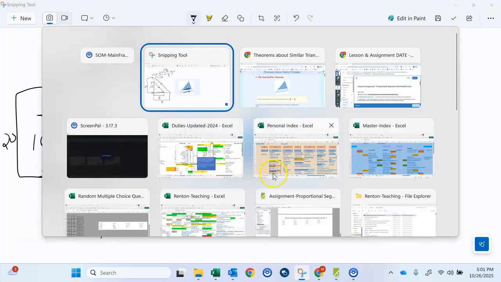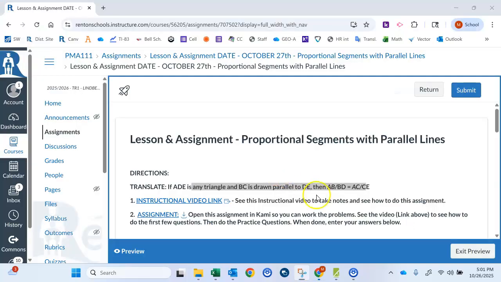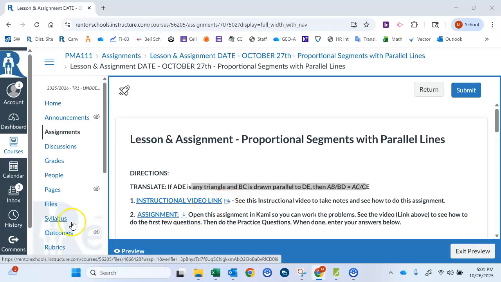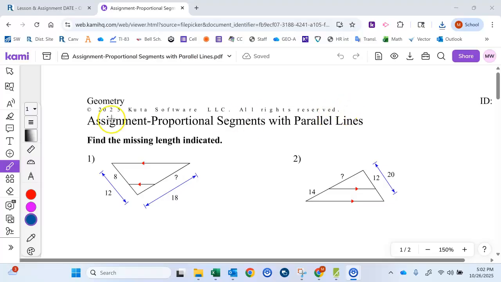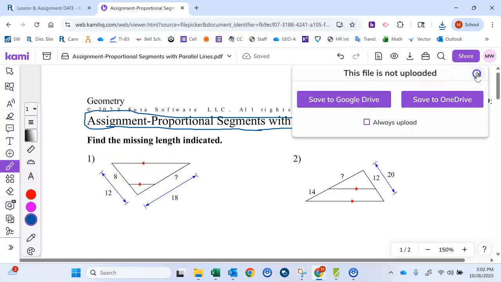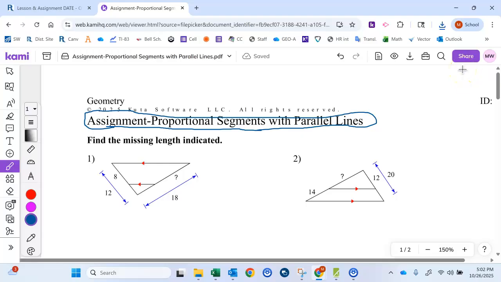So let's look at some examples. Let's go to our assignment. So go ahead and click on the assignment and open it up in Kami. Okay, so here is the assignment: proportional segments with parallel lines, and also triangles with parallel lines. So this line and this line are parallel, which means that this 8 right here corresponds to the 12. 8 is the small one, going from here to here, but it's not the whole triangle, as you'll notice, right?